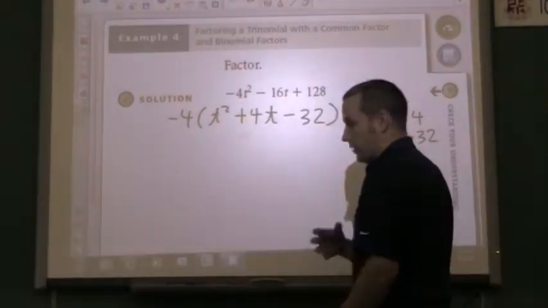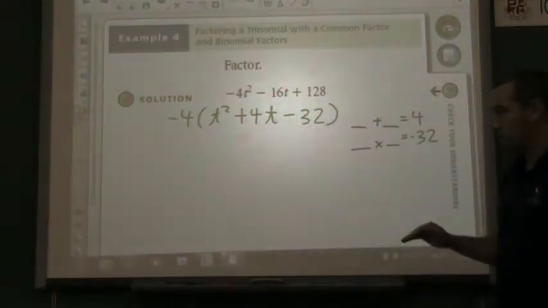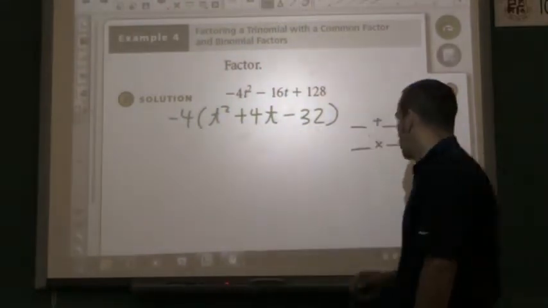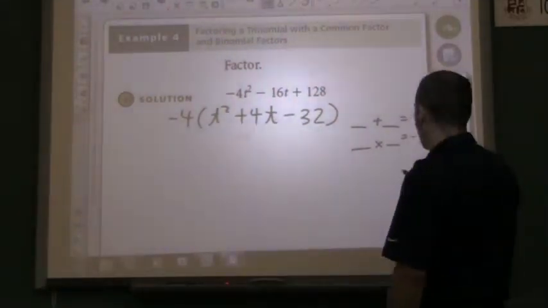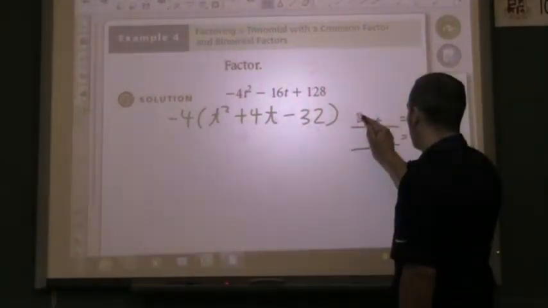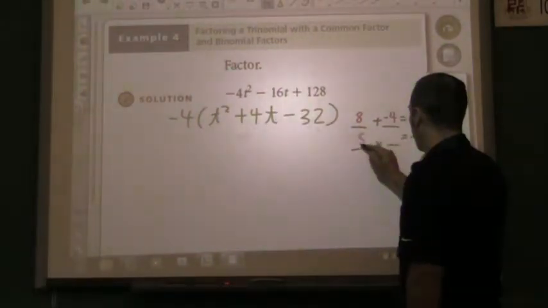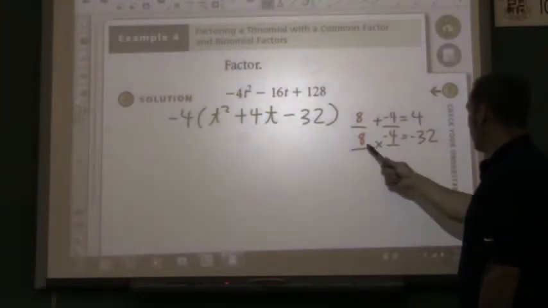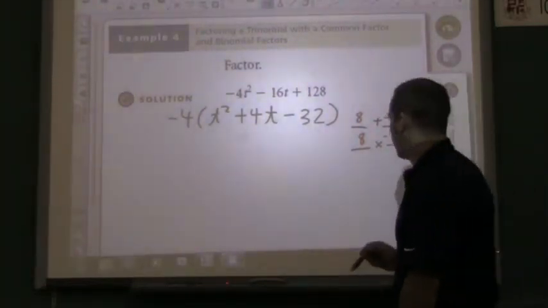So I'm not going to go through the procedure again because, once again, that was covered in a previous video. But when you go through it, you should be able to figure out that the two numbers are a positive 8 and a negative 4. So we check: 8 plus negative 4 is 4. 8 times negative 4 is negative 32.